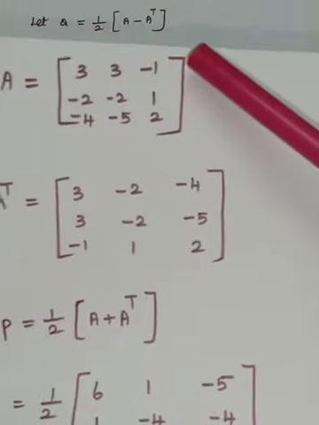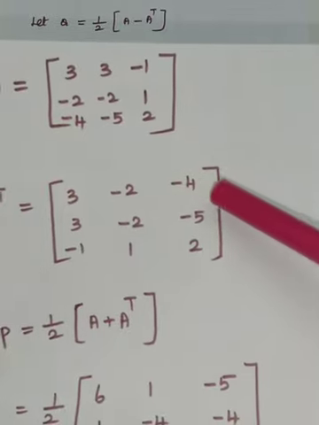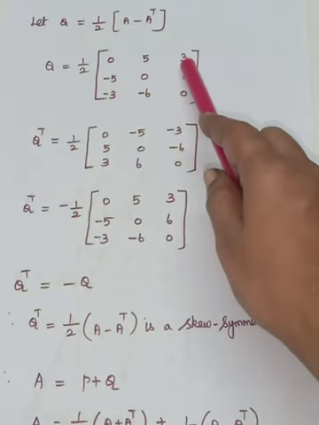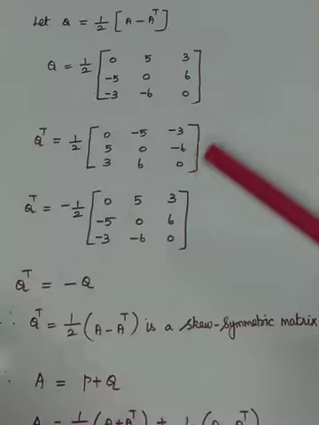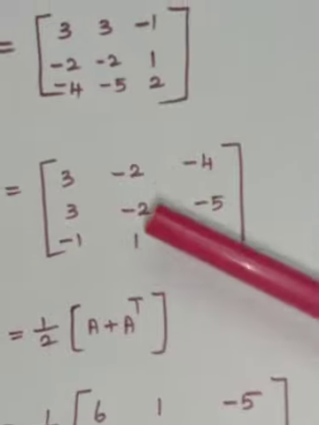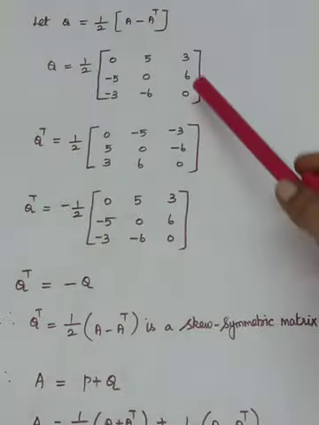And here minus 1 minus of minus 4, minus 1 plus 4, that is 3. Next one, minus 2 minus 3, that is minus 5. And here minus 2 and plus 2, that is 0. 1 plus 5, that is 6.